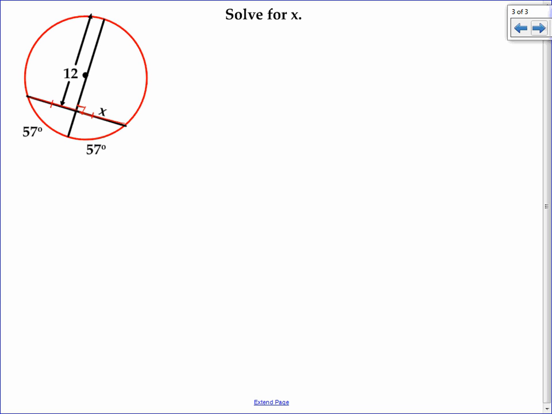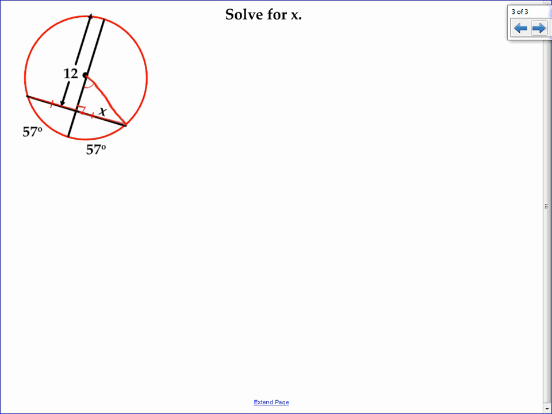Let's draw a radius right here. You always want to connect it so that you create a right triangle. How big is this angle right here? Remember, the measure of an arc is the same as that central angle.